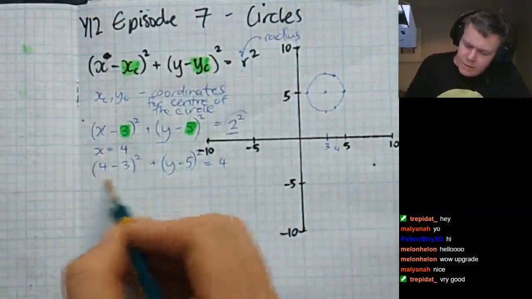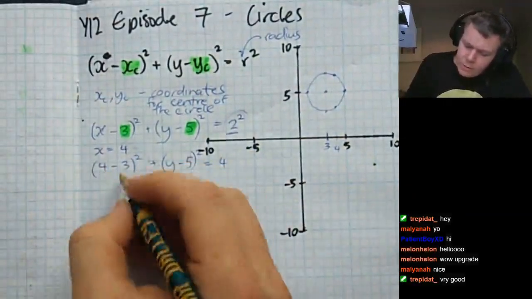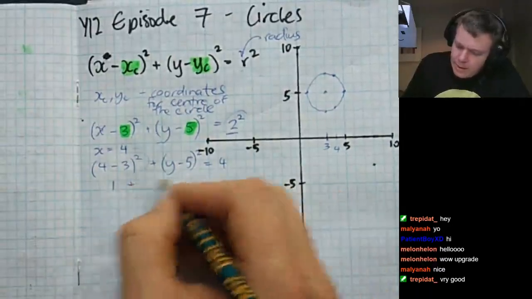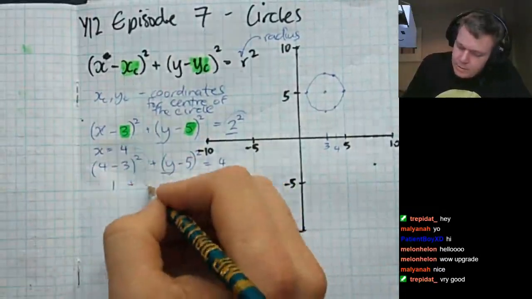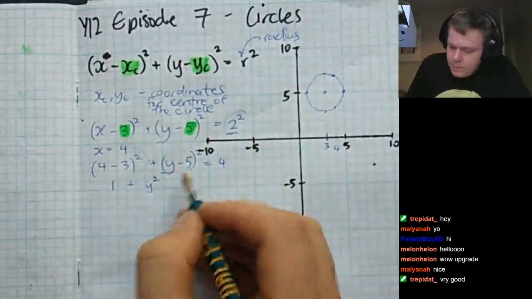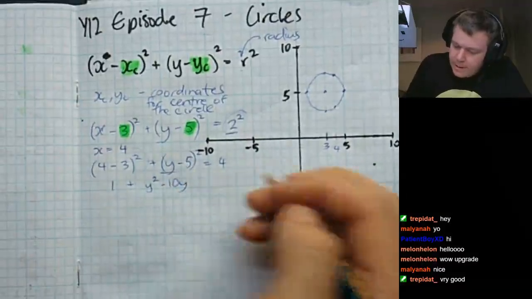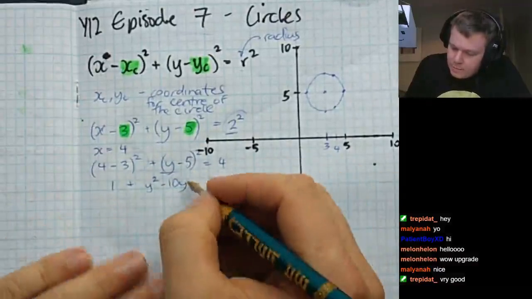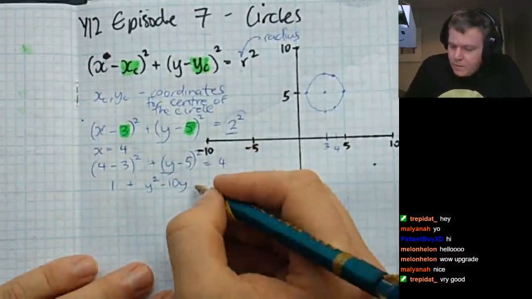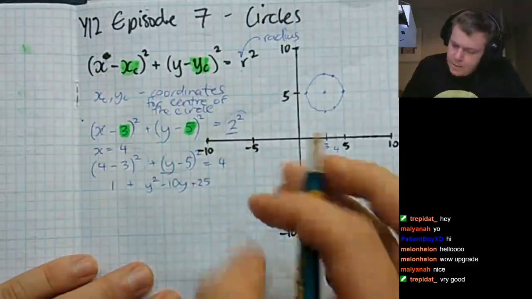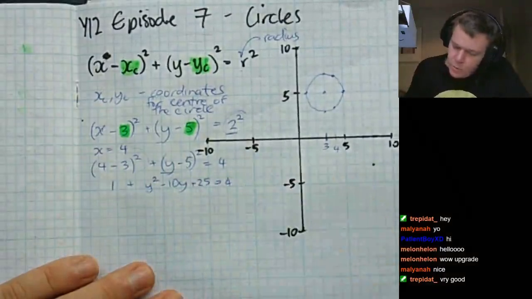This first part is just going to be 1: 4 minus 3 is 1, and 1 squared is 1. And we can expand this out. We're going to get y squared, our middle term is going to be minus 10y, and then we're going to have plus 25. And that equals 4.